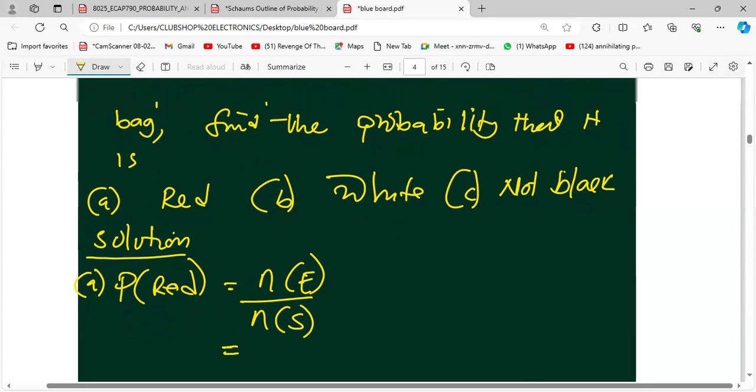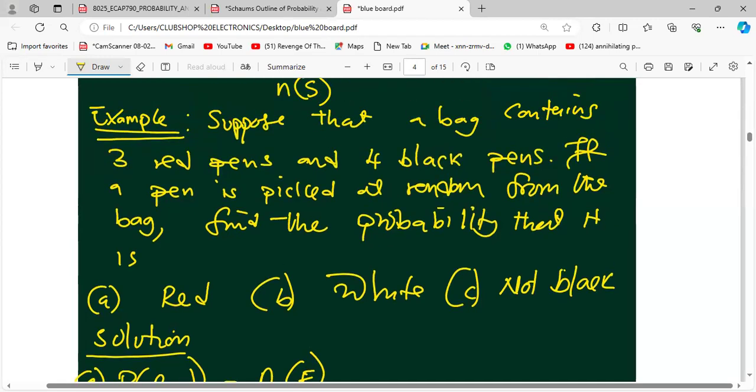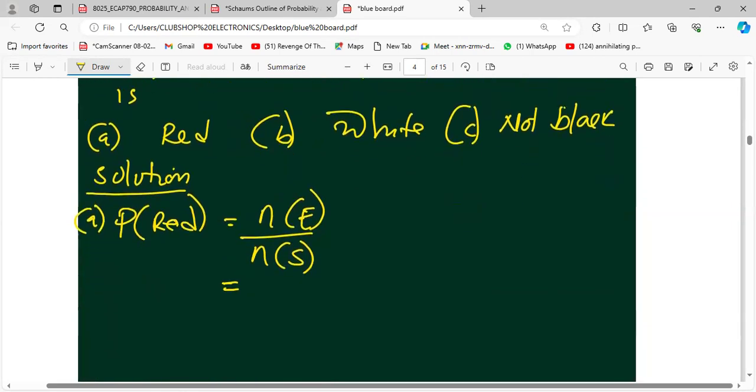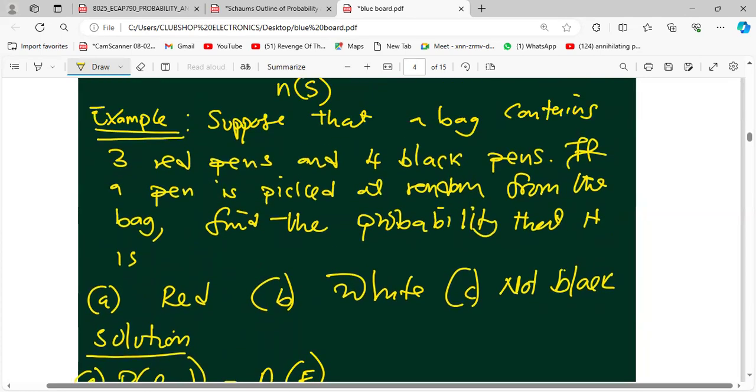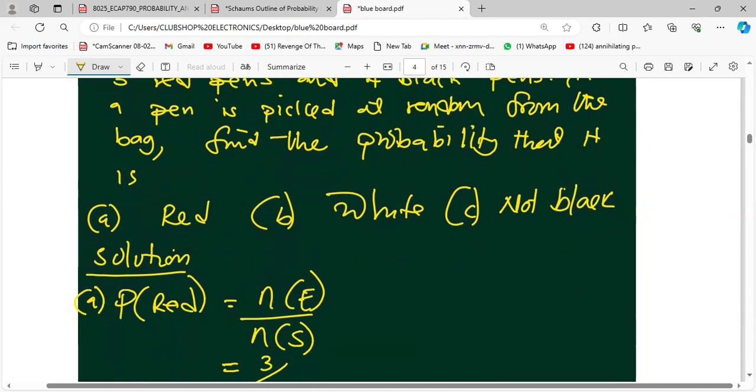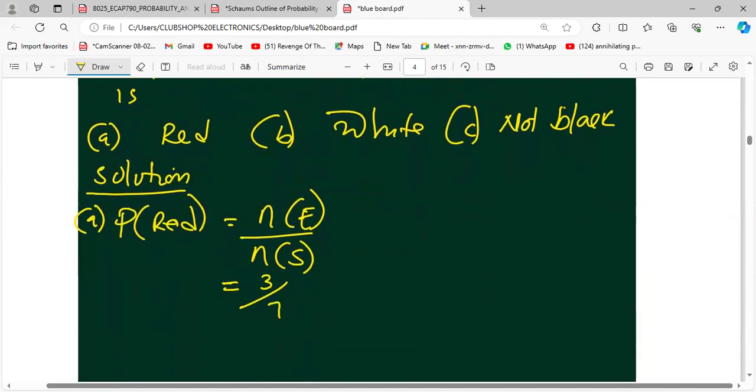By favorable outcomes, we are saying if we carry out this experiment and we pick a pen which is red, then the outcome is favorable as we want it. In this case, how many red pens do we have? There are 3. What is the total number of pens? We add 3 plus 4, we get 7. So the probability is 3/7.